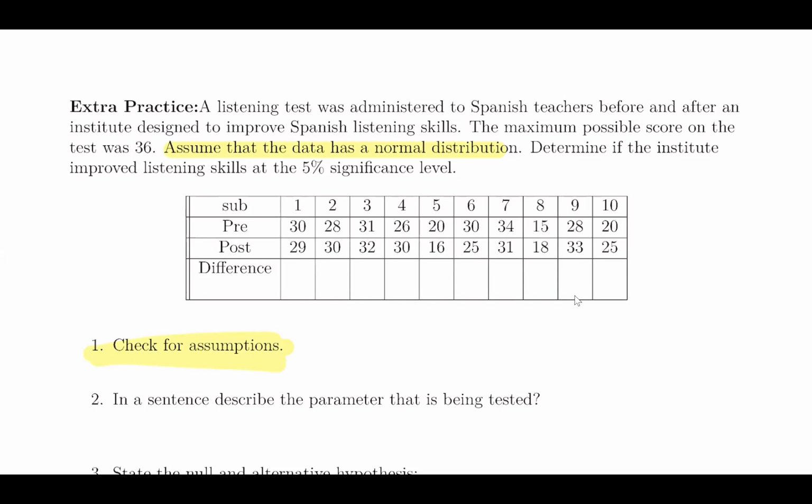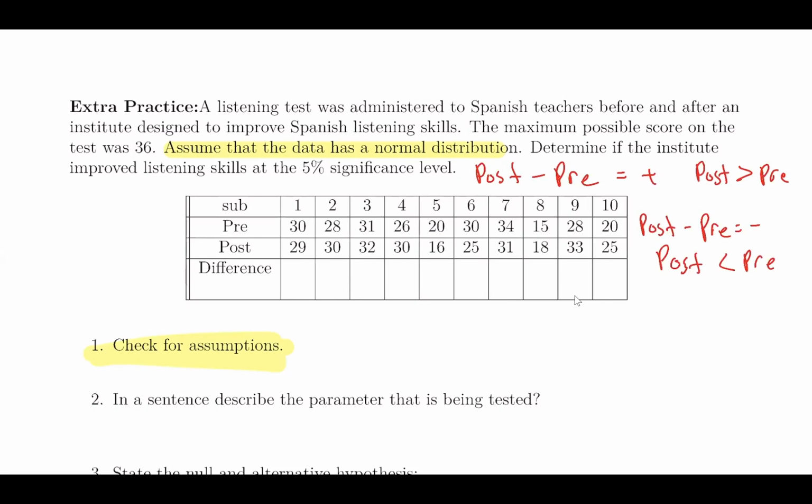So what I'm going to do is post minus pre. Because that way, if I get a positive number, that means the post did better than the pre. But if I get a negative, that means I actually did worse in the post.